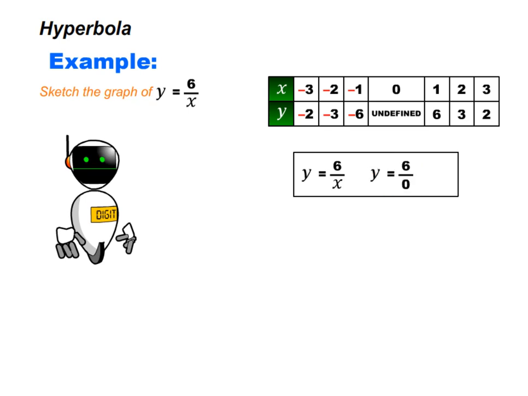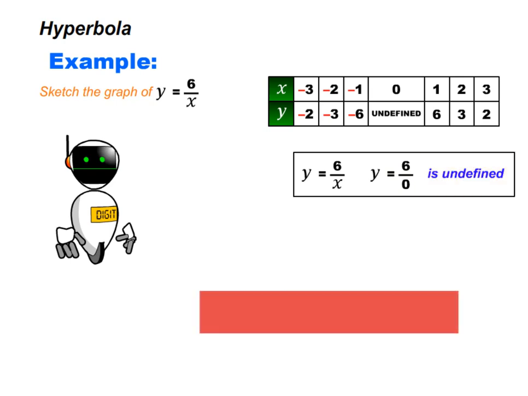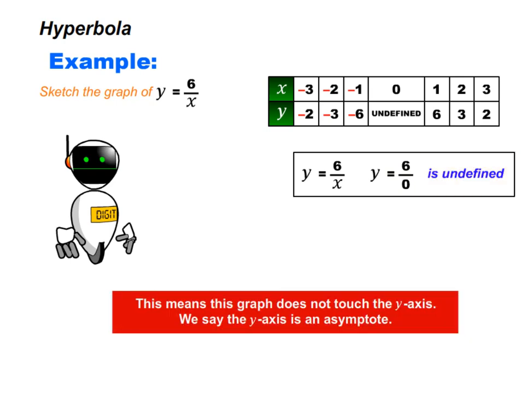We cannot divide by 0. So, 6 divided by 0 is undefined. This means this graph does not touch the y-axis. We say the y-axis is an asymptote.